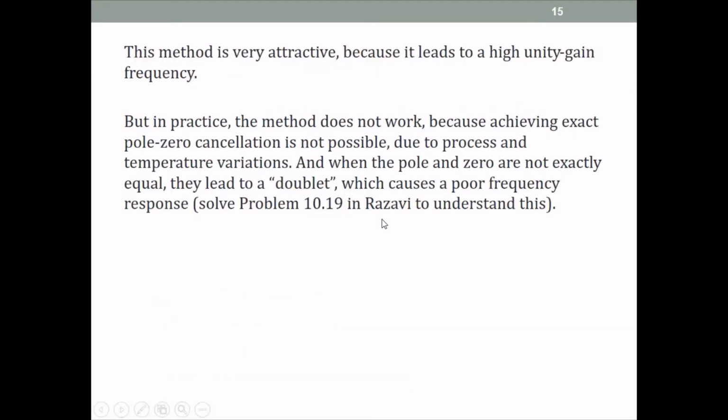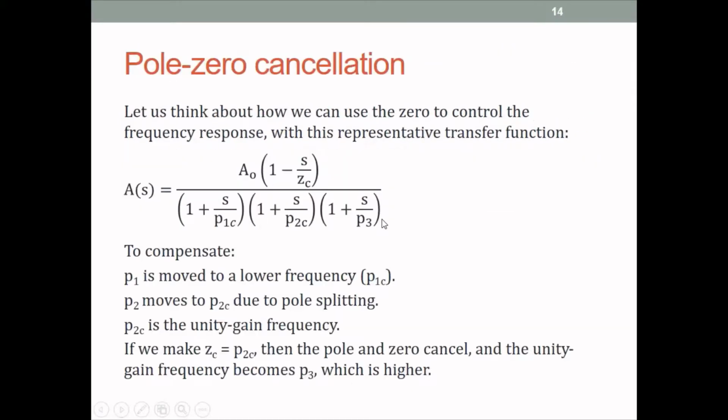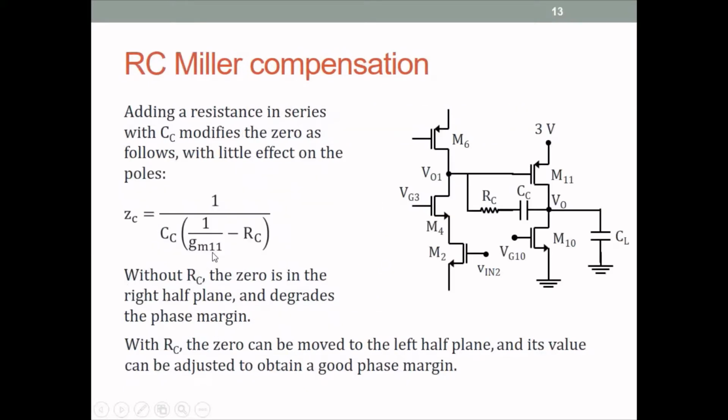The reason it does not work is that achieving exact equality of two quantities in electronic circuits is very, very difficult. It is actually impossible because ZC depends on GM11 and GM11 will vary with temperature, process. RC will also vary with temperature and process.